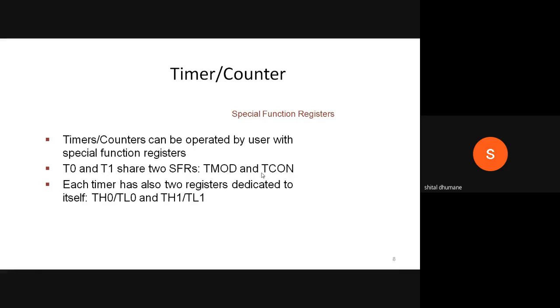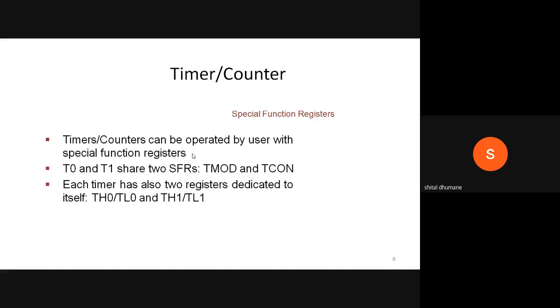We'll go to the format and the significance of each and every bit, and you have to remember that, because we require it in programming. The TMOD register is the timer mode register, and the TCON register is the timer control register.